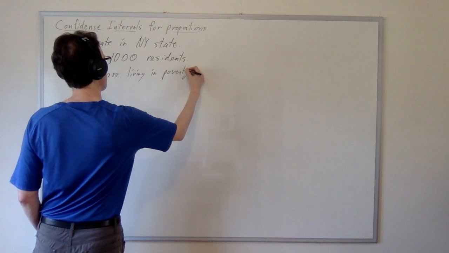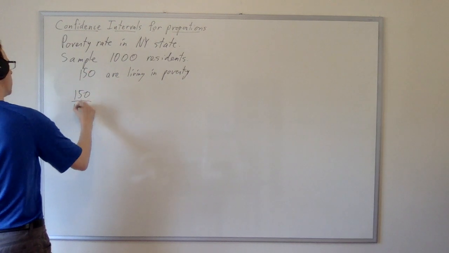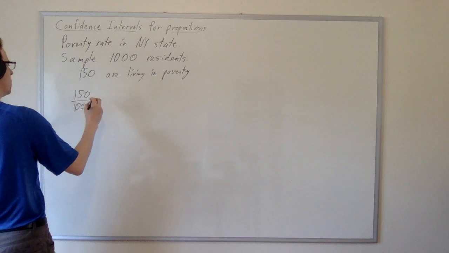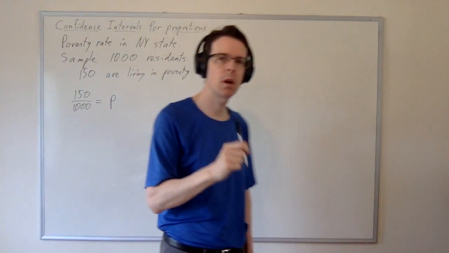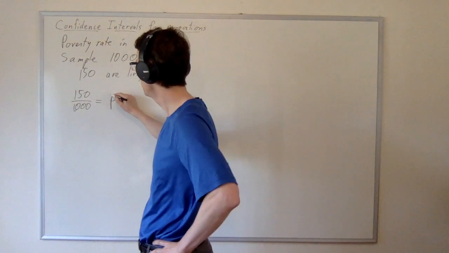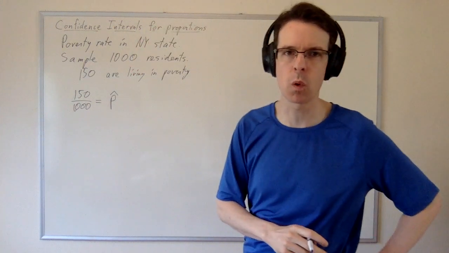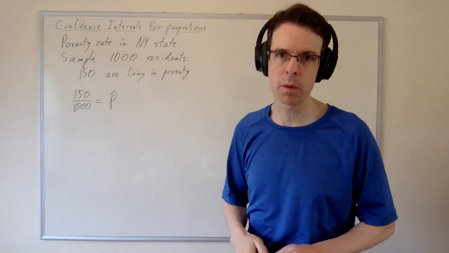So right away, we get a proportion from this. We have 150 out of 1,000, and that's the proportion below the poverty line. And we're going to call that p. But let's be careful here, because that is a sample proportion, and the appropriate symbol to use for a sample proportion is p hat. So that's our sample proportion, and now we're faced with a problem of inference.